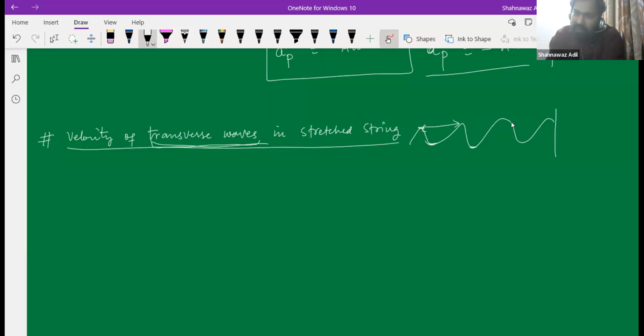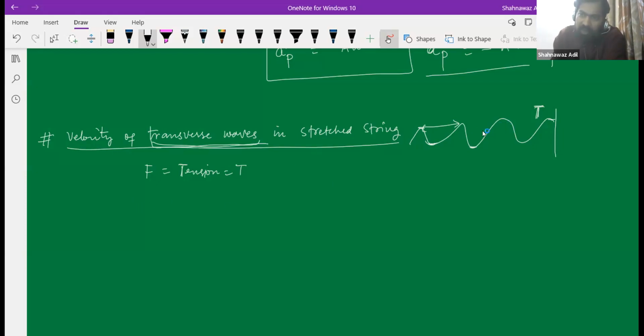We know that the force acting on the string is tension, and let's say the mass of this stretched string is m.